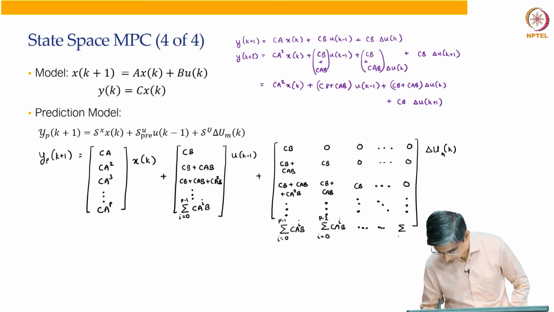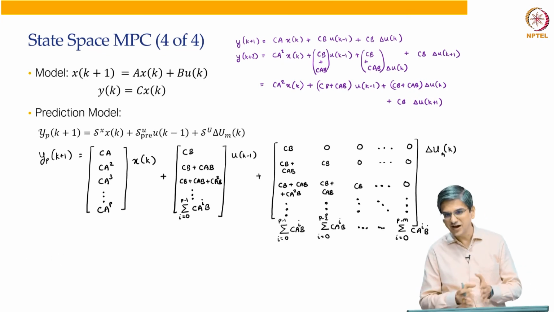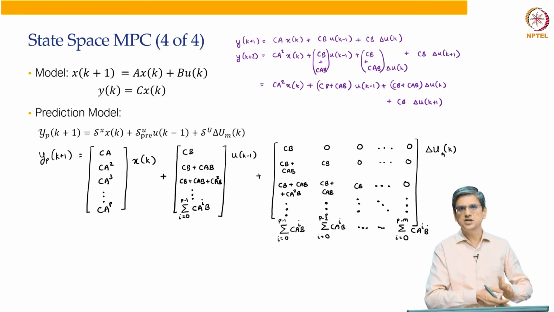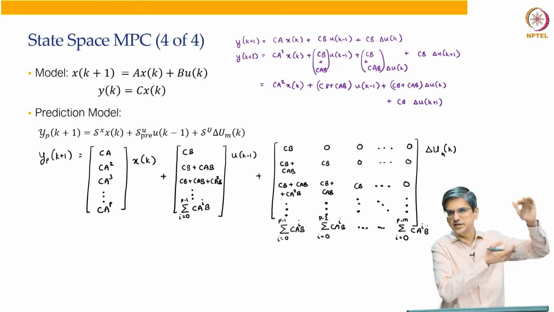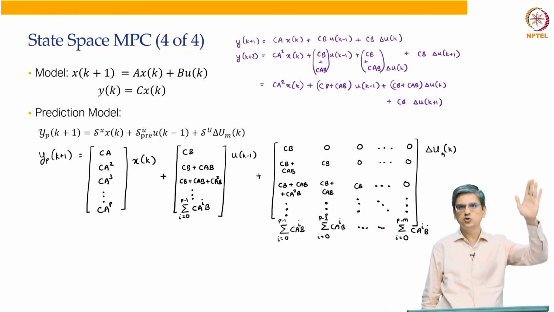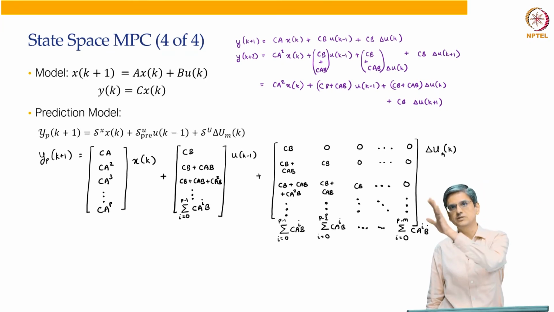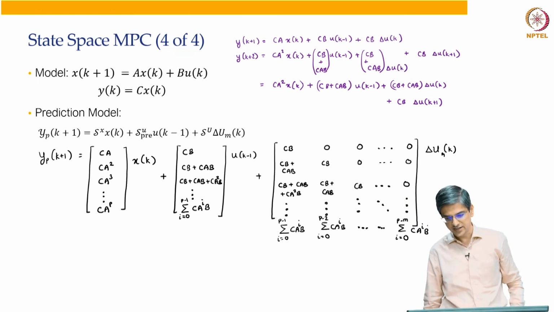This is going to be summation i equal to 0 to p minus m Ca to the power i b. You can see how it very nicely forms that structure. You have Ca to the power i b summed over multiple terms in each of those elements. It goes from 0 to p minus 1 in the first column, 0 to p minus 2 in the second column and 0 to p minus m in the last column.